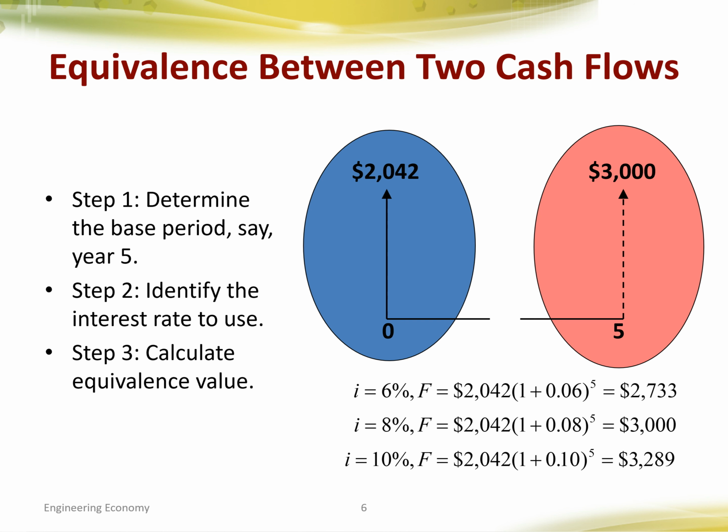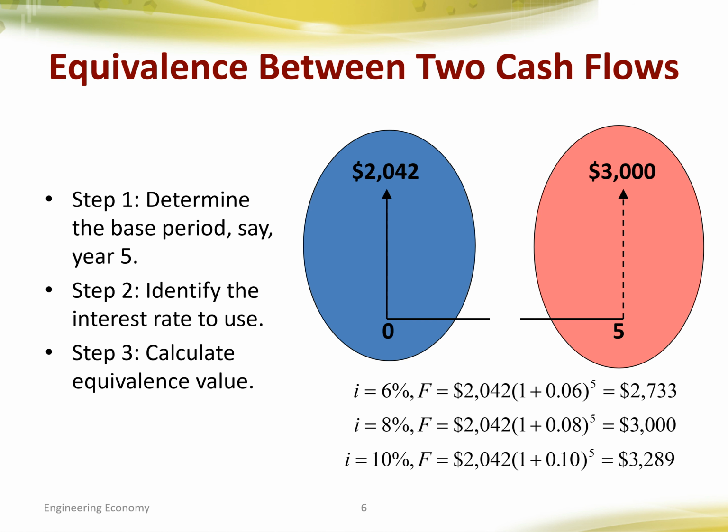Once we have the period, then we need to identify the interest rate to use, because different interest rates represent different increases or decreases of the value. So we need to determine that so that we can create a number which is equivalent to the current one. Then we can calculate the equivalent value.